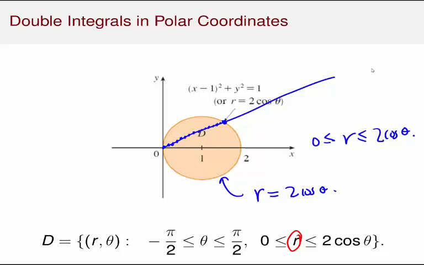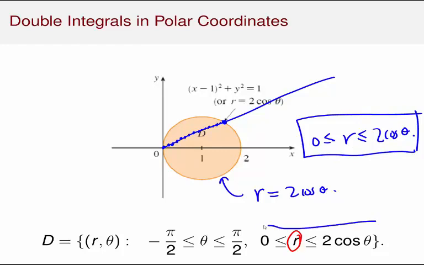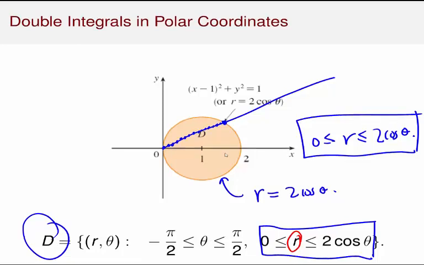And on this particular ray, when theta is fixed, that will be the upper bound for the variable r. And hence, we have arrived at the range for the variable r, describing the region D. So together with the range for theta, we have obtained a description of D in terms of the polar coordinates. And in fact, this is a general region in polar coordinates.